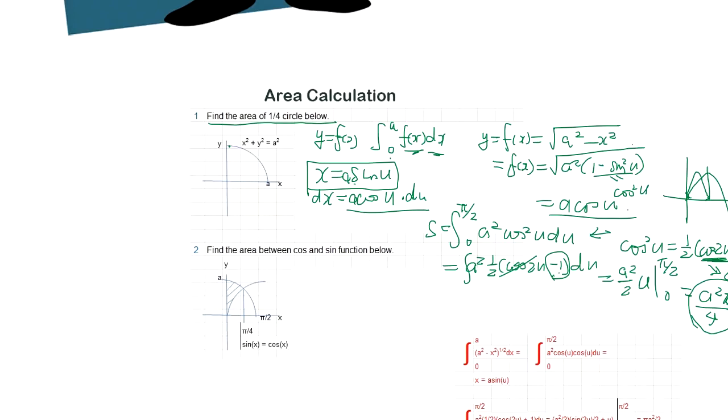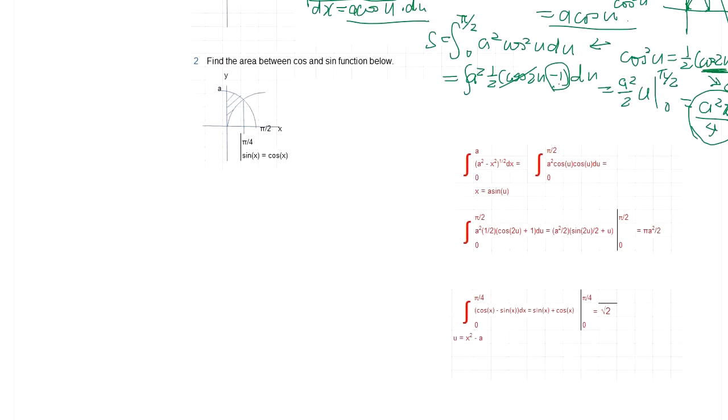Okay, find the area between the cosine and sine function below. So again, we have to find y equals cos x minus sin x, right?